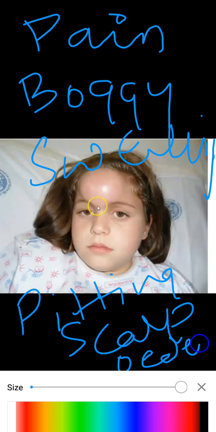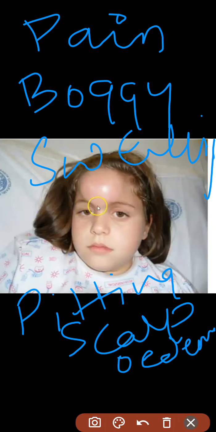Okay, so pitting scalp edema. So again I repeat, your clinical features are pain, bogey swelling and pitting scalp edema.